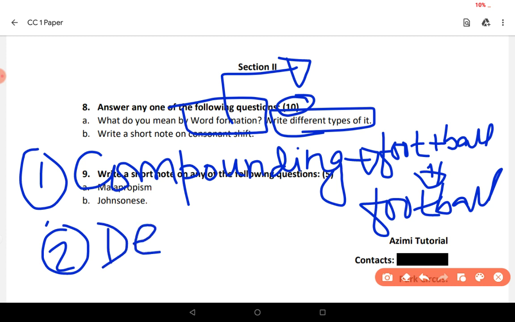Derivations. What do you mean by derivations? So in derivation, what happens, it is the process of forming new words. How? You modify the roots, okay, without the addition of new roots. So for example, if there is a word, we simply add a suffix or prefix to it. I'll just give you an example.